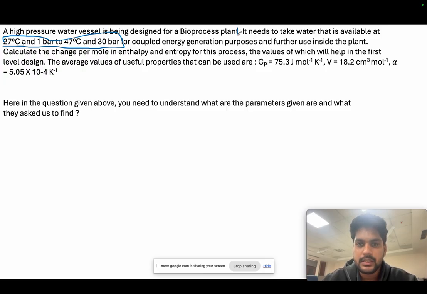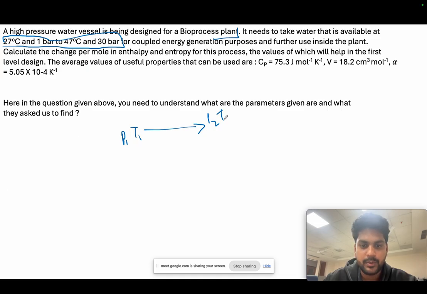It needs to take water that is available at P1 and T1 to P2 and T2.